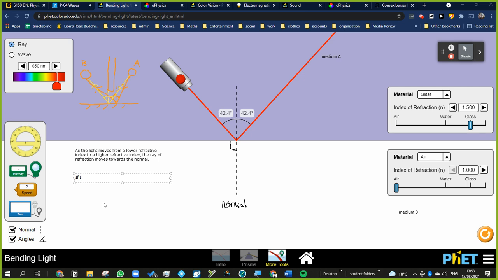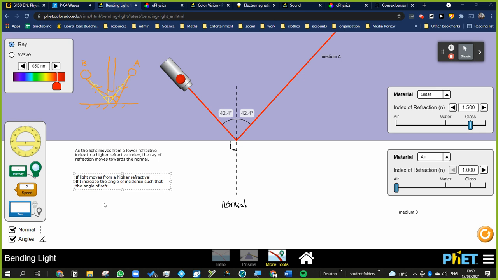So if I increase the angle of incidence such that the angle of, hang on a second. If light moves from a higher refractive index, higher refractive index is usually higher density, but not actually always.